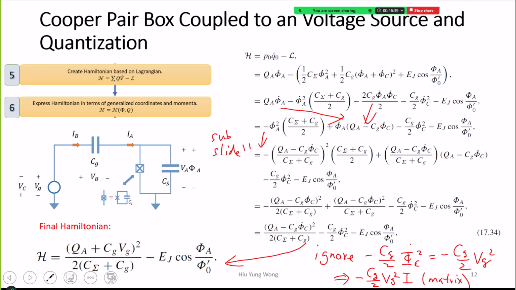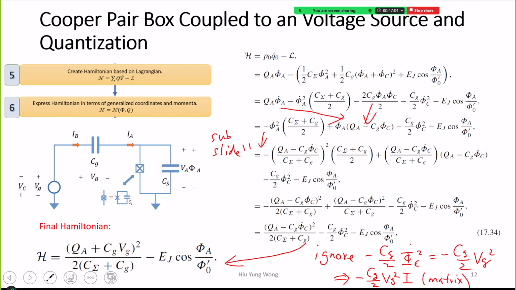Okay? So eventually you will get these two terms, and that is the Hamiltonian of this whole circuit. I know this is very tedious, right? A lot of information. But it also shows that it's actually very beautiful. Although it looks like there is lots of math, you actually can use mathematics to help you.